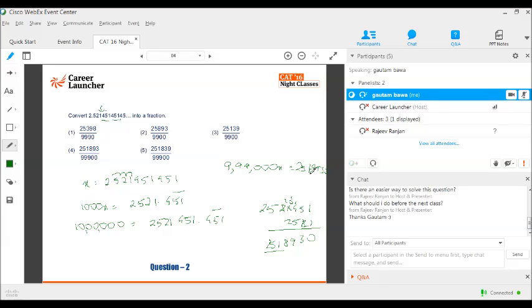Now another thing to note here is that this common factor of 10 can actually be cancelled. So I get x is equal to 251893 upon 99900. That's an easy way of going about it. There's also a shortened method, and we'll get into that in the next question.